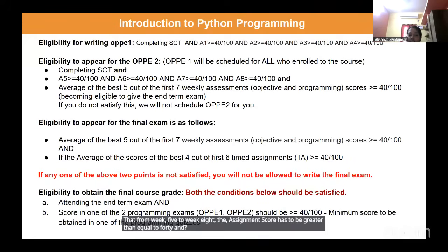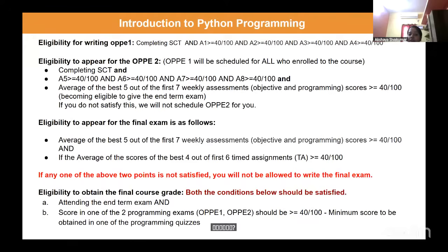Along with this, the average of the first 5 out of the 7 weeks assignment scores also has to be greater than or equal to 40, because this is something that's going to decide your eligibility for your end term exam. So if you do not satisfy any of the above criteria, OPP2 itself is not scheduled for you.